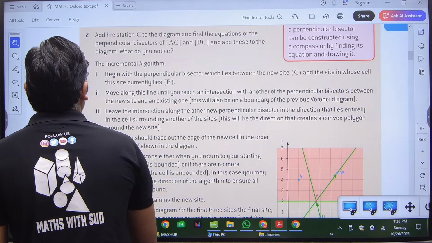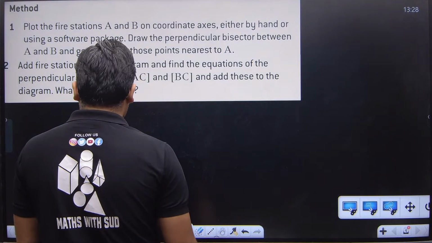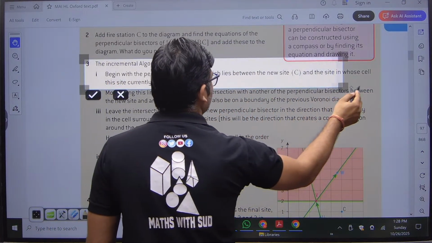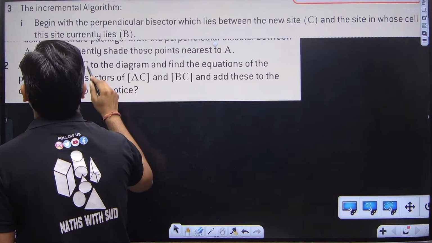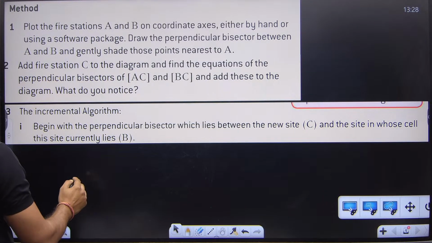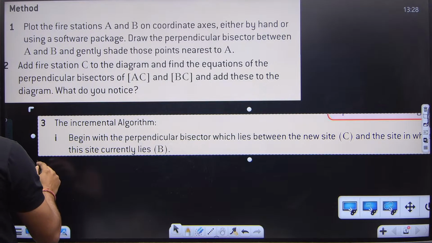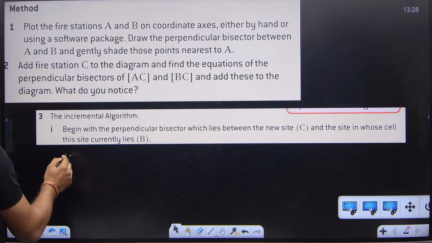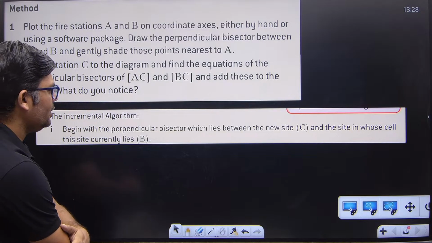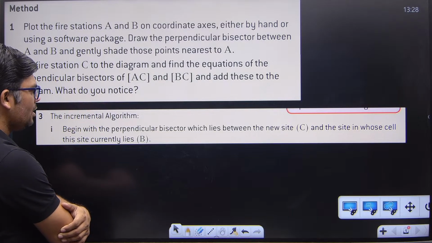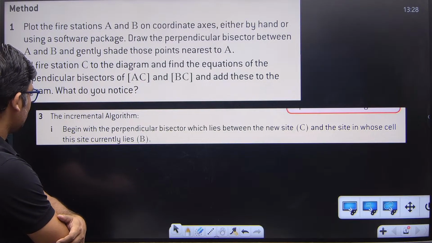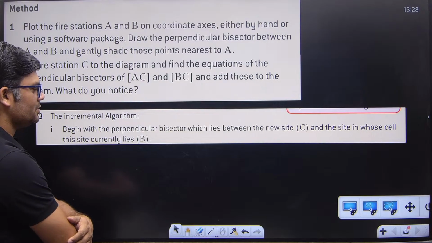So the incremental algorithm, we will take that one by one. So they are saying in step 3, begin with the perpendicular bisector which lies between the new site C and the site in whose cell this site currently lies, B. What is the meaning of this?